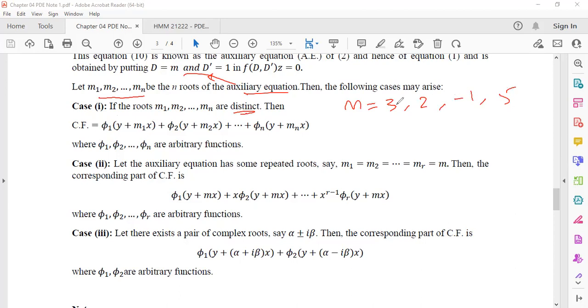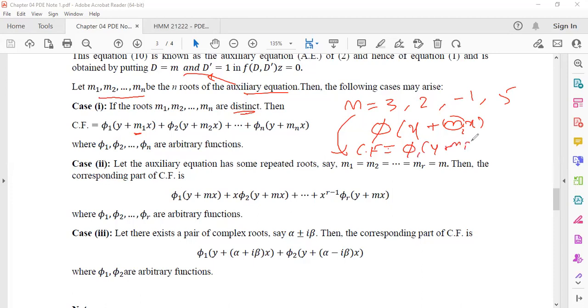In that case, our solution is in this form, phi of y plus mx, and this can be any m.